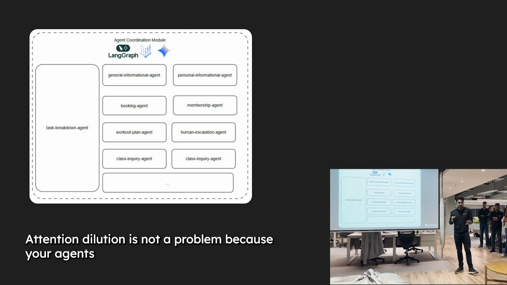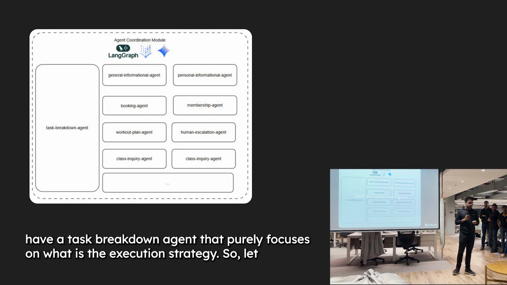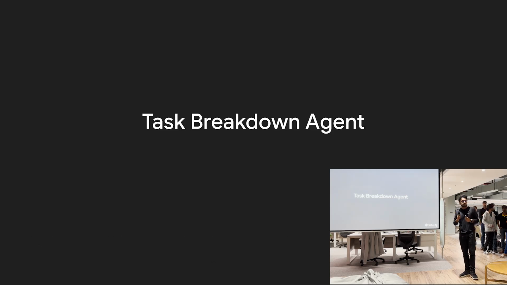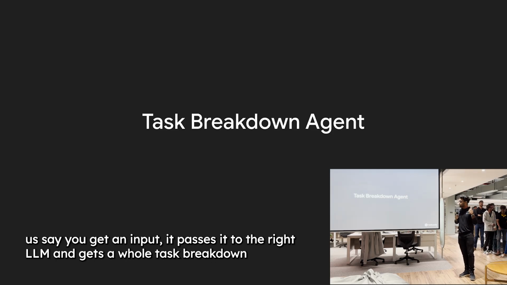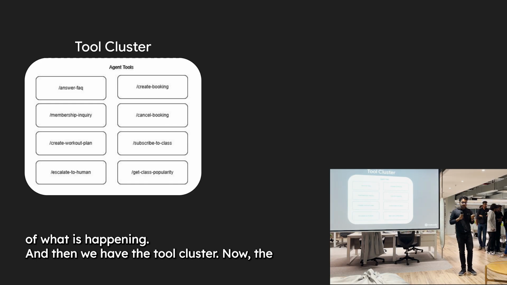Attention dilution is not a problem, because your agents are only focused on doing what they should do. And then you have a task breakdown agent that purely focuses on the execution strategy. So let's say you get an input, it passes it to the right LLM and gets a whole task breakdown of what's happening. And then we have the tool cluster.